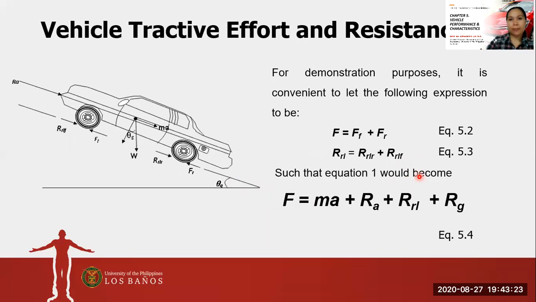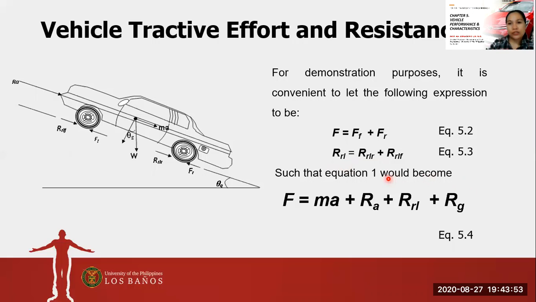Now, for demonstration purposes, it is convenient to let the following expression be the FF plus FR. Let's designate it as F, and the rolling resistance from the rear wheel and from the front wheel, let's designate as the total rolling resistance, RRL.